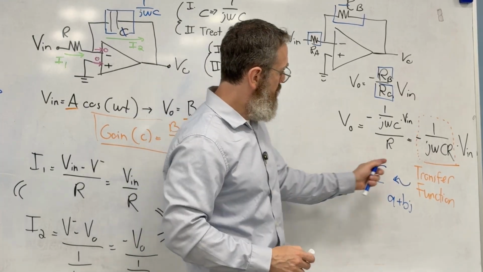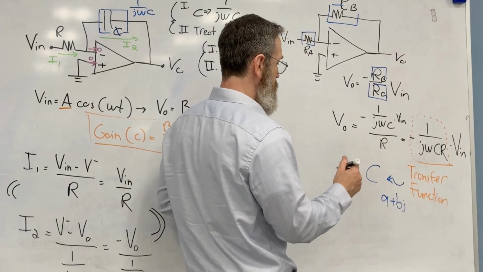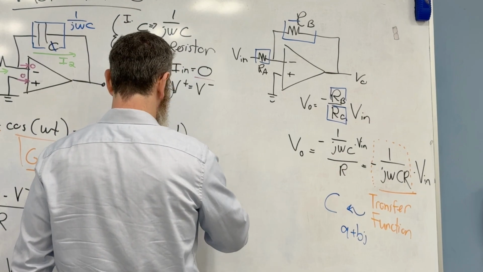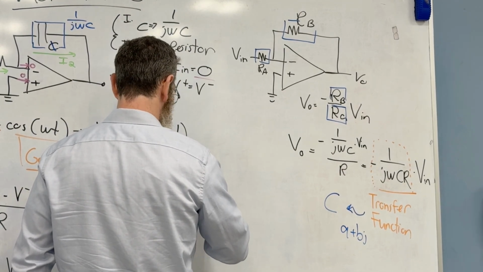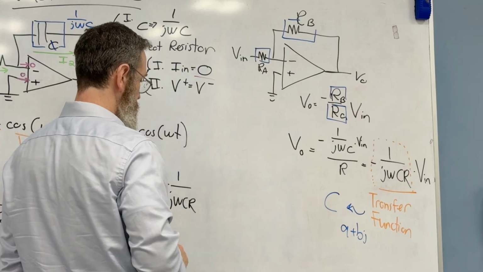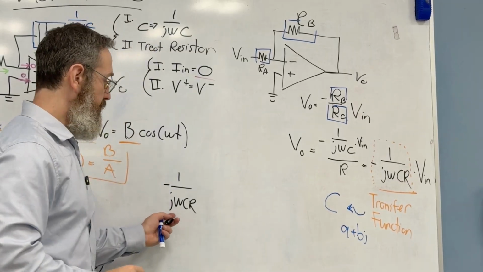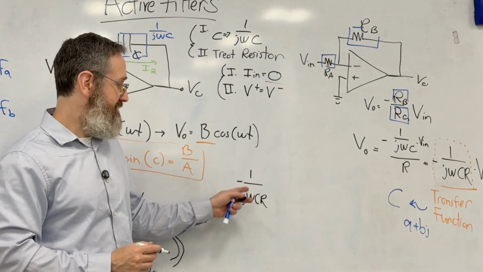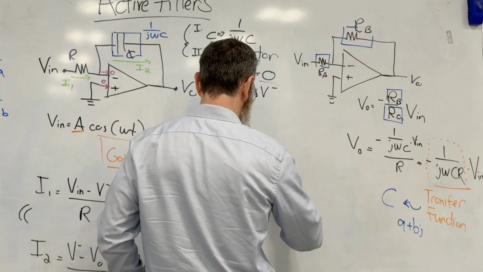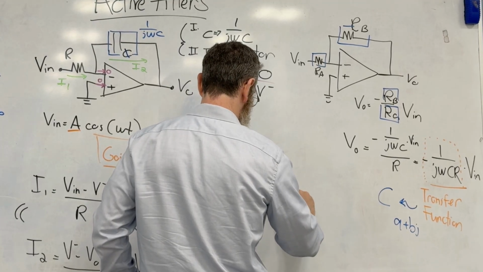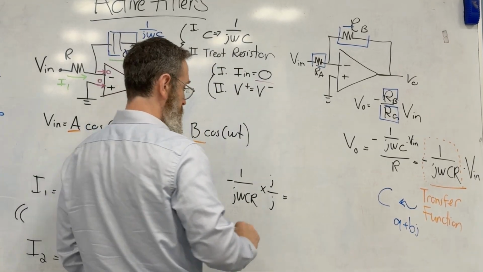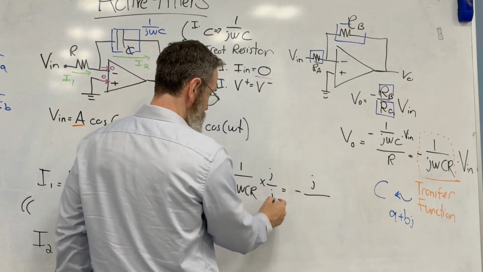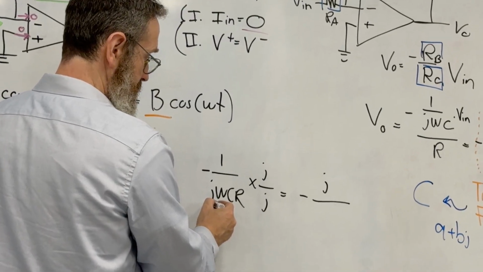Well, if we look at this term here, let me write it. I'm going to go here. We have minus 1 over JWCR. Now what I'm going to do is, remember we always get these J's in the denominator and we don't like it in the denominator. In this case, you'll see it's not even a problem. I'm going to multiply this by J over J. And I'm going to get minus J over, and then the J times this J gives me a negative, right?